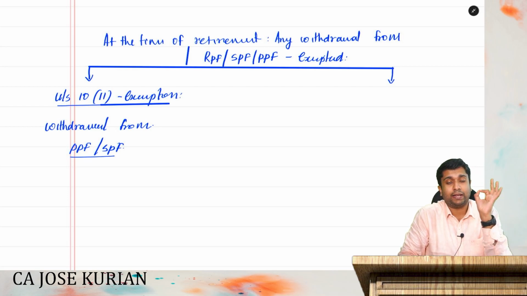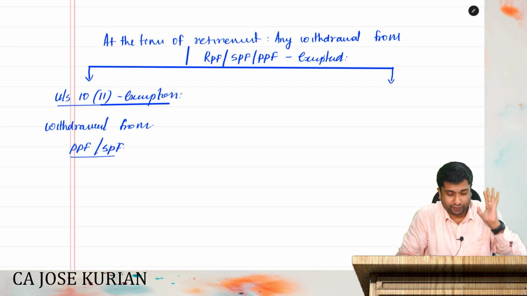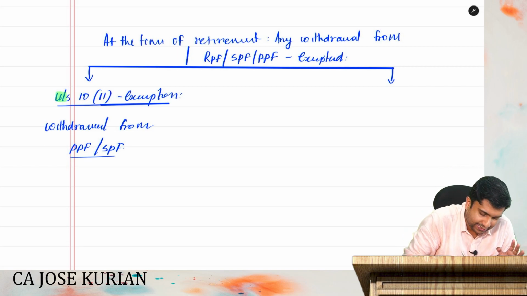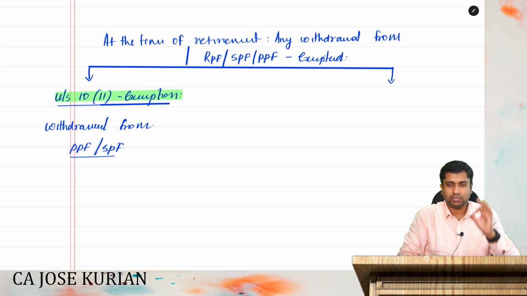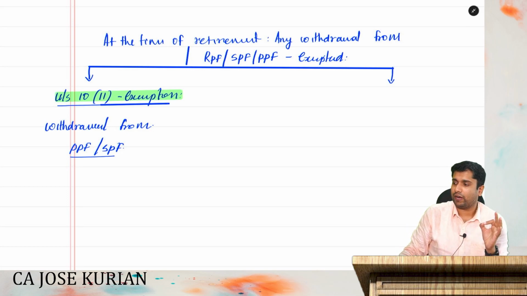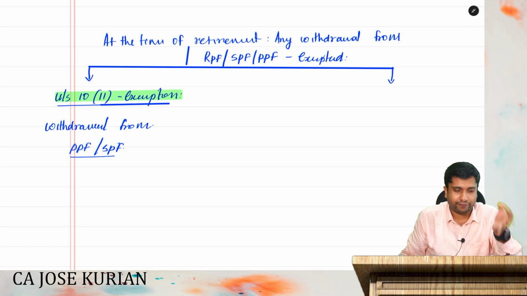The section which provides exemption is 10(11). Are you all listening? The section which provides exemption is 10(11).